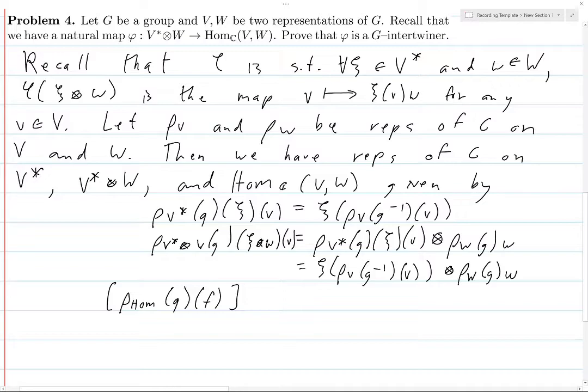So in order to figure out what it is, we have to evaluate it at some element v of capital V. And so this is going to be rho W of g evaluated at the element f of rho V g inverse v.